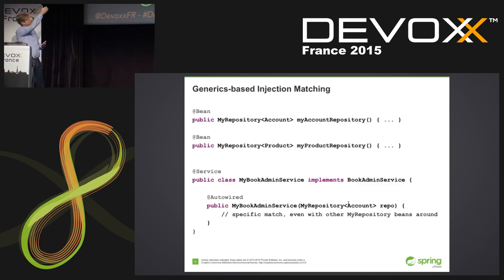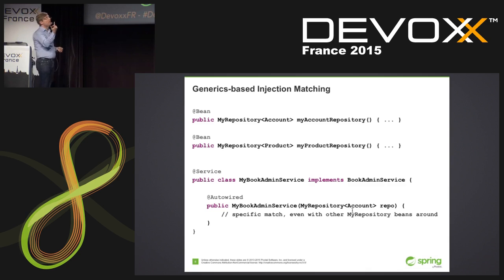So with the two beans above, they probably live somewhere else, right, in a configuration class or whatever? Those are really different pieces of code, just shown together on this slide. So if you've got a configuration class that happens to declare a MyRepository of Account and a MyRepository of Product, if your injection point is specific enough down here, if this is expressive enough, then we match it with the declaration here.